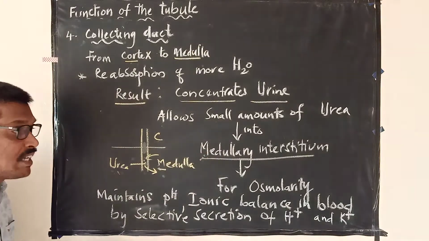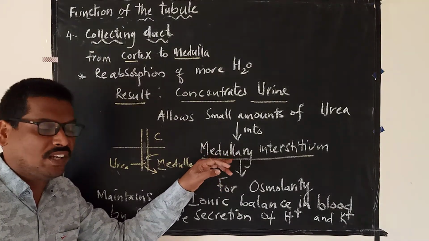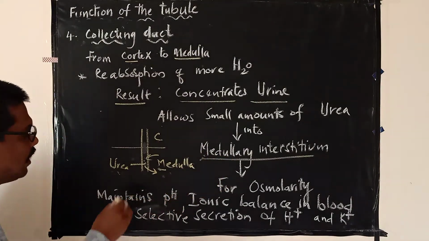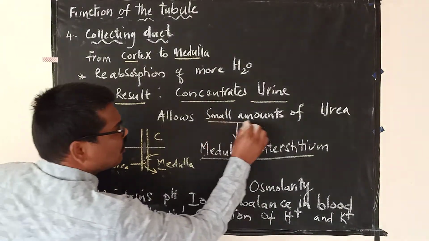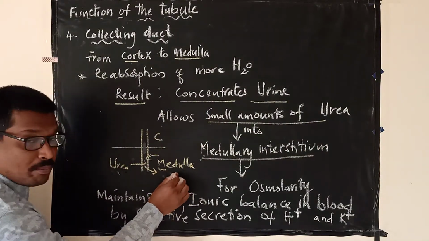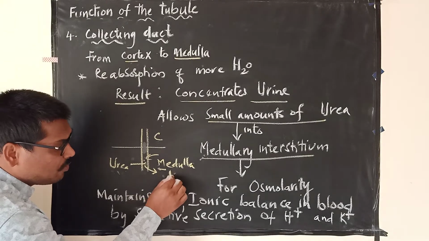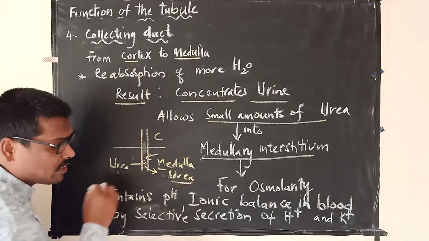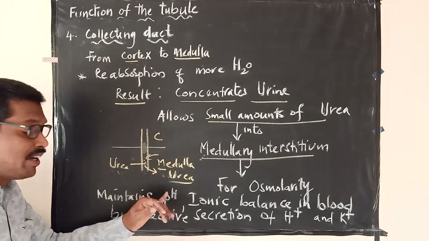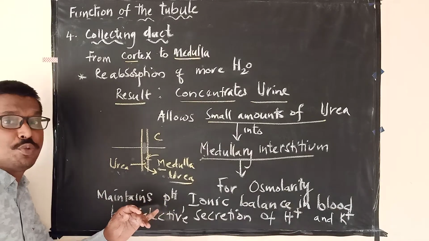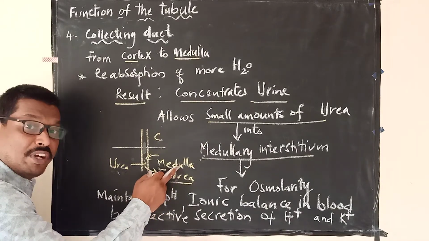That is what we are calling the medullary interstitium, or in simple terms the medulla. So some small amounts of urea are coming back into the medulla. So here in the medulla also, urea is there. This point is discussed in the very first video.